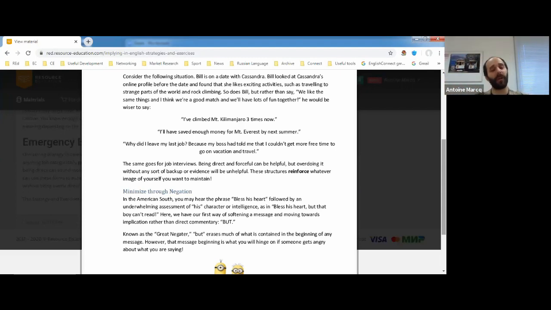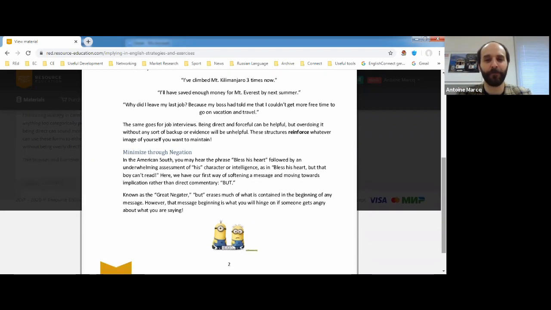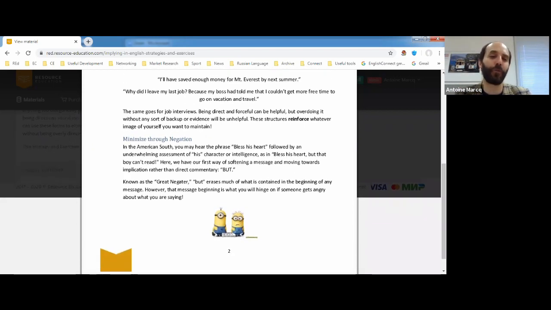And that's really what I'm all about. And you see, all these examples of perfect tenses imply what Bill wants to say: Cassandra, we'd be perfect together because we like the same things. He's implying this. Another strategy, minimize through negation.